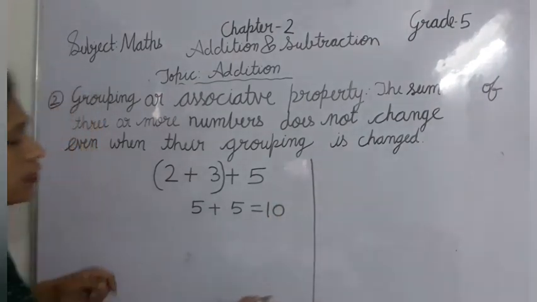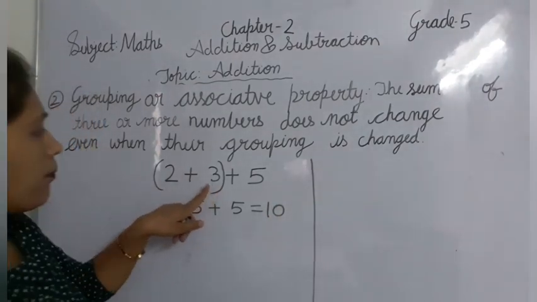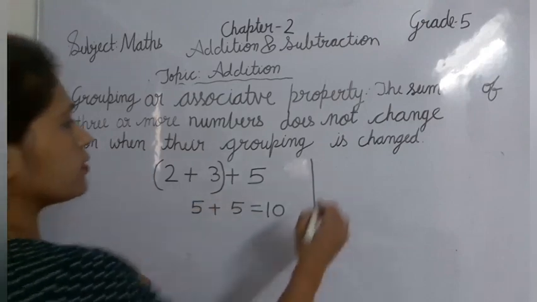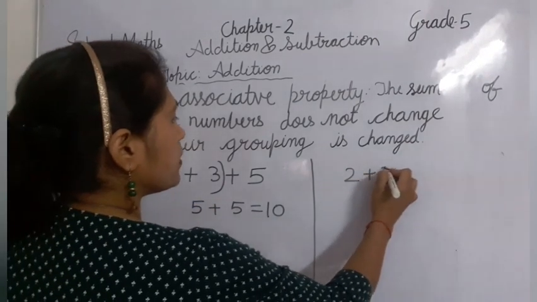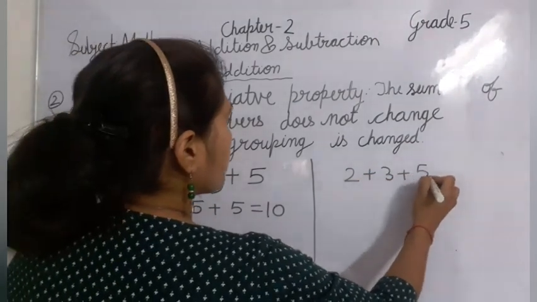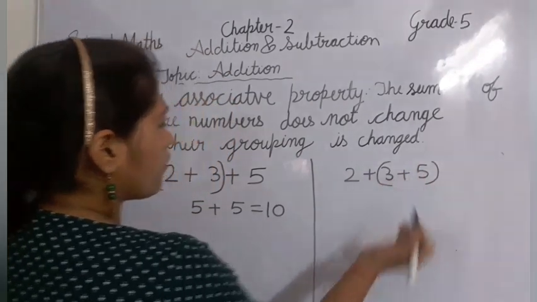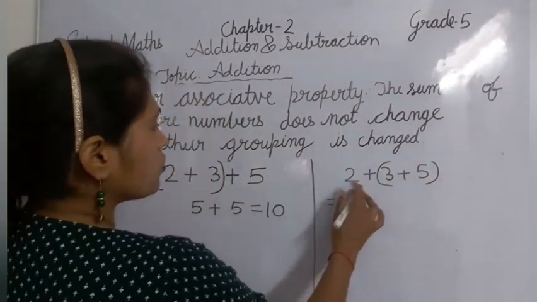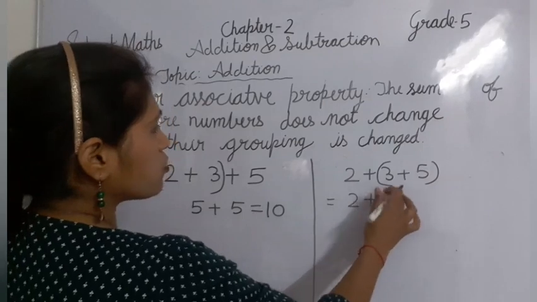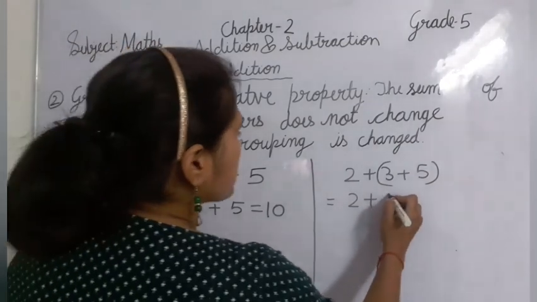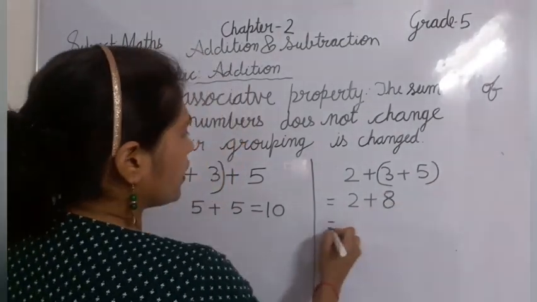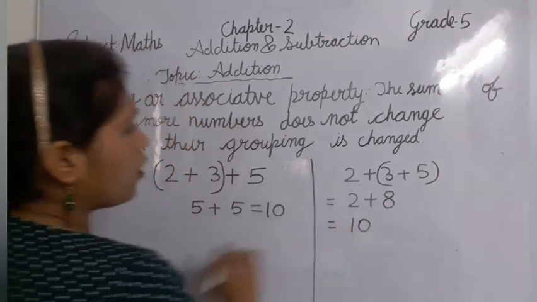Now I am changing their groups. Now I am making the group of these two numbers. 2 plus 3 plus 5. Now I am making a group of these two numbers. So then we'll do 5 plus 3 makes 8, and 8 and 2 equals to 10.